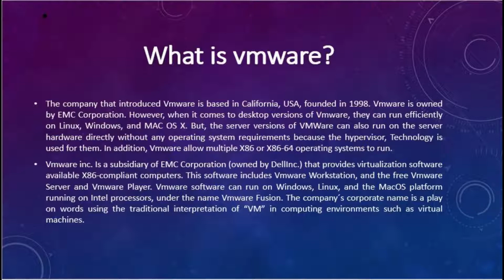However, when it comes to the desktop versions of VMware, they can run efficiently on Linux, Windows, and Mac OS X. But the server version of VMware can also run on the server hardware directly without any operating system requirements because hypervisor technology is used for them.